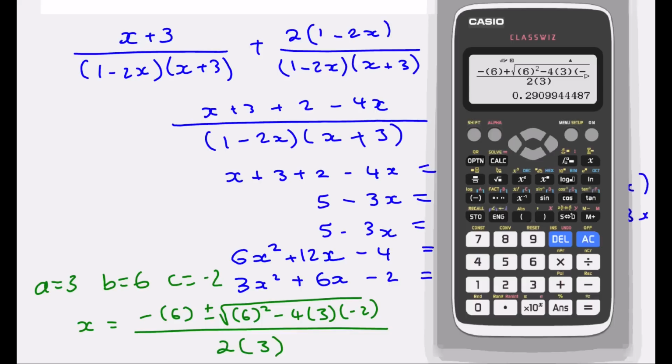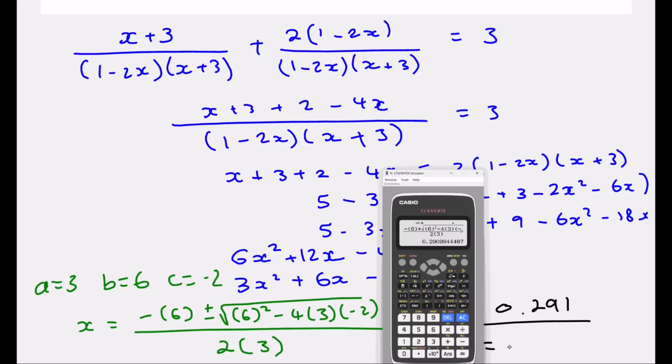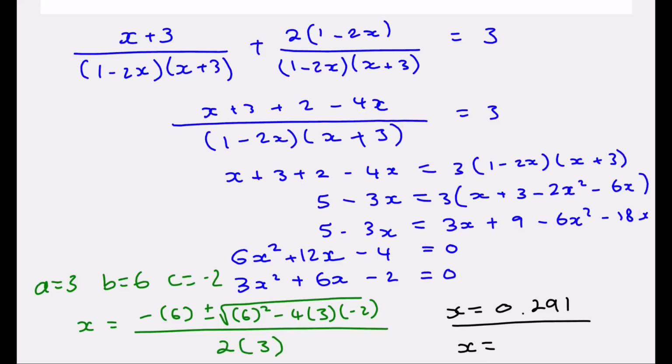So I've got 0.291 as my first answer, to 3 significant figures. For my second answer, I'm going to go back in and change the plus into a minus. And I get negative 2.29. So they are my answers.